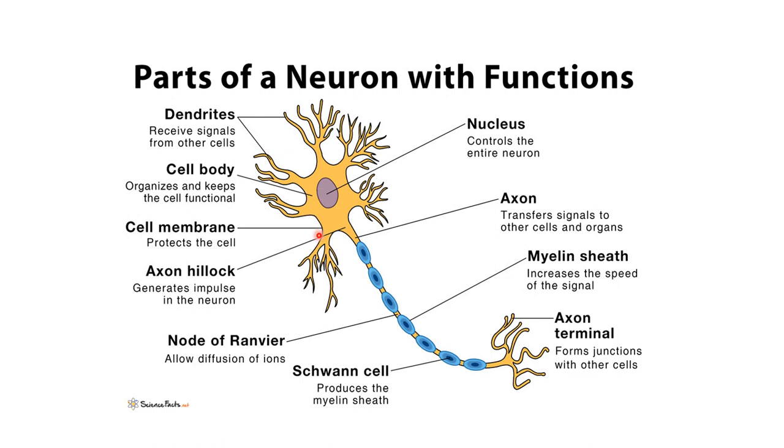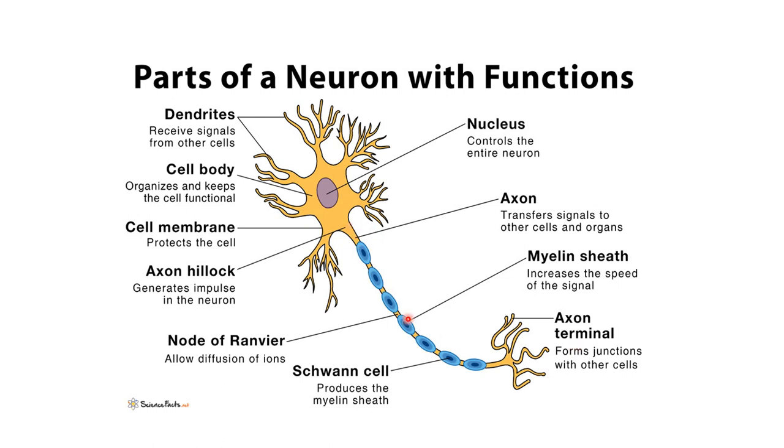Cell membrane for protection. Axon hillock for generation of impulse, and this yellow one is actually the axon, which is running throughout, and this is the axon terminals, which are forming synapses or junctions with other cells.